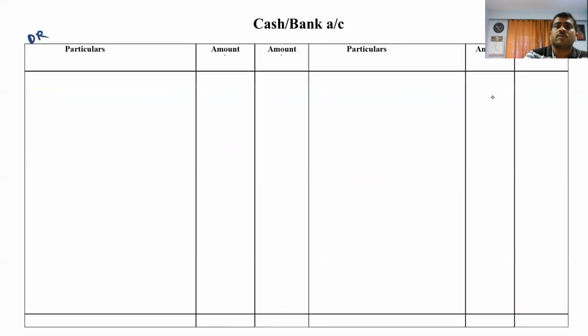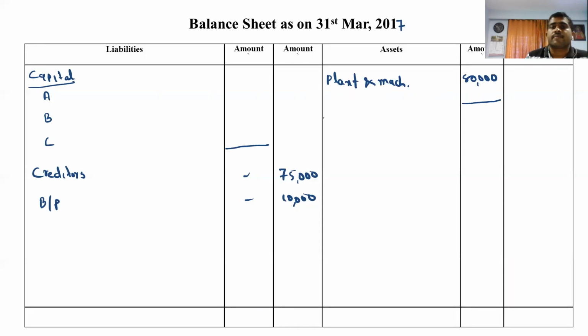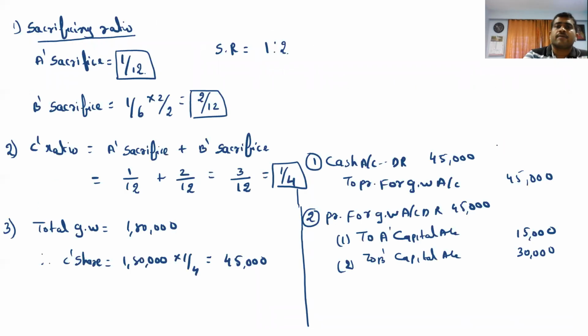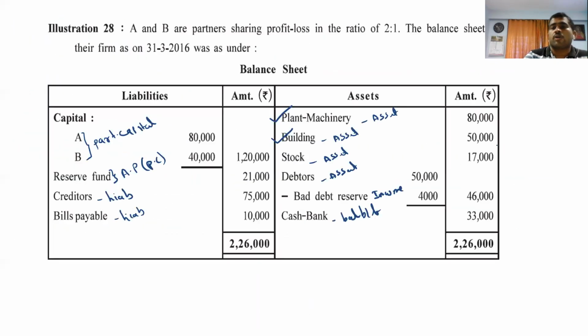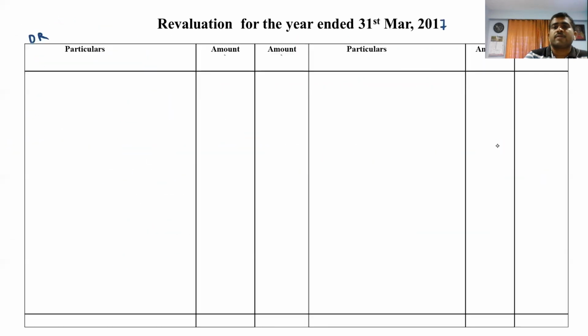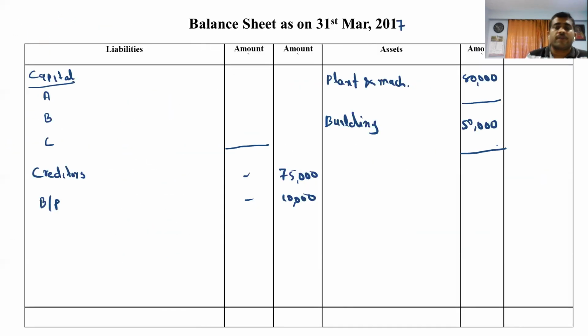Building also comes to asset side, and it comes 50,000. After building, we come across stock, and no tick mark is there. So stock, we can write in the outer column 17,000.